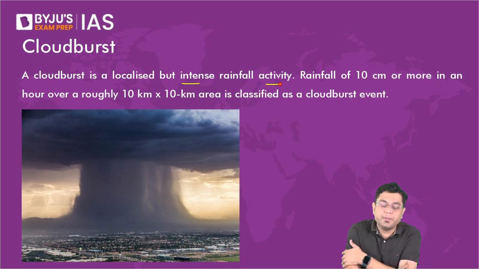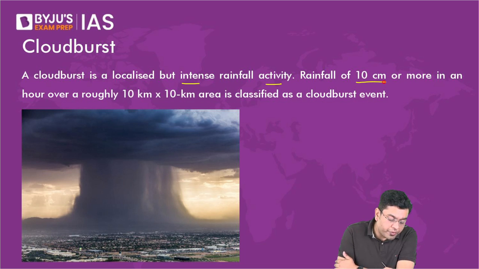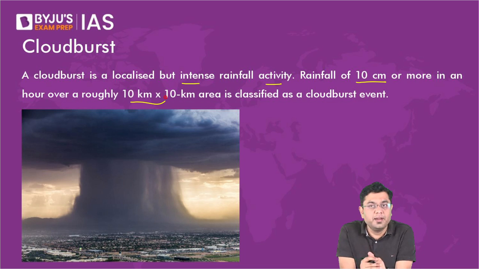Rainfall of 10 centimeters or more in an hour over a roughly 10 by 10 area is classified as a cloudburst event. So this happens when the cloud grows unsustainably large.